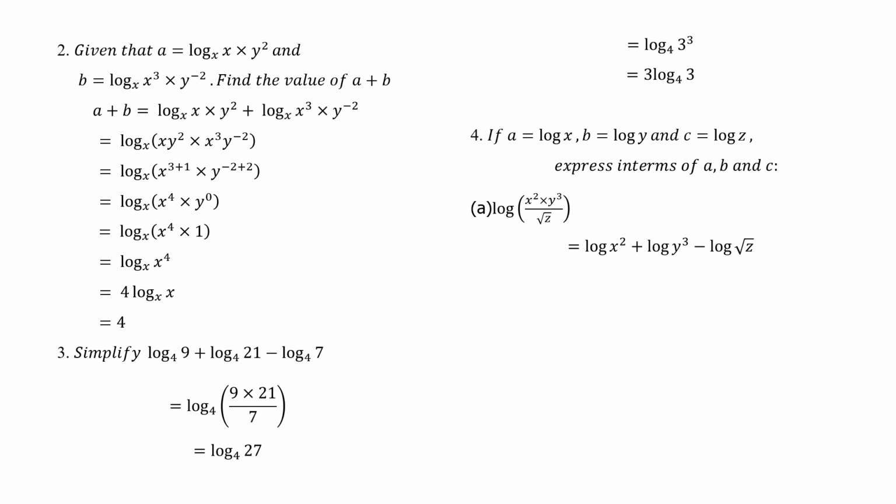So the next step, like I've said, the multiplication implies that we are adding log of x squared to log of y power 3. Then the division implies that we are subtracting the log of the value which was down.